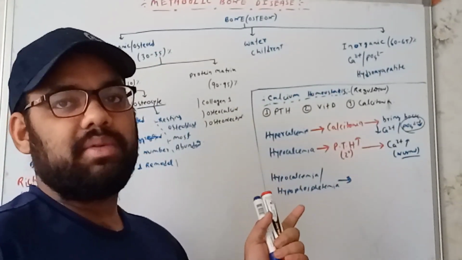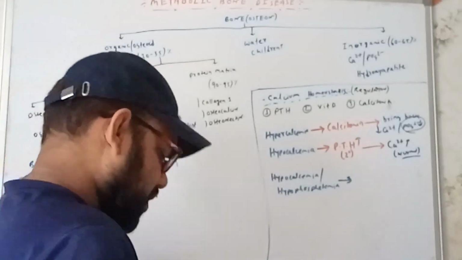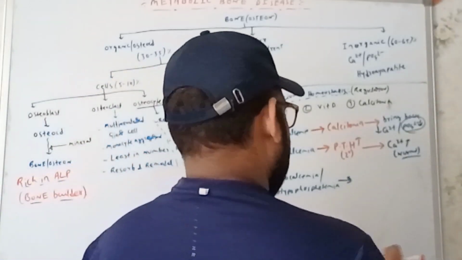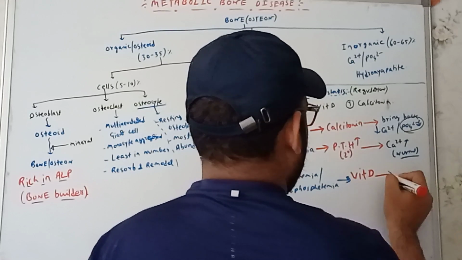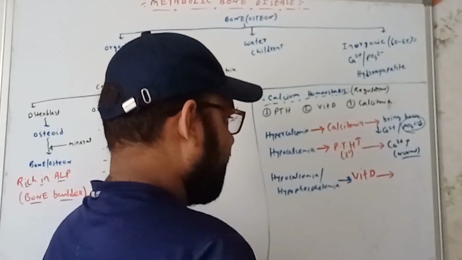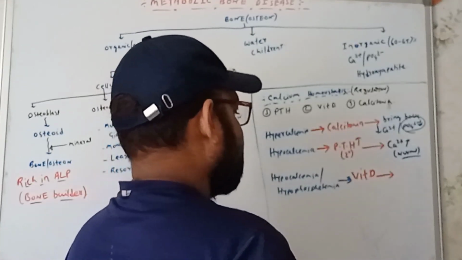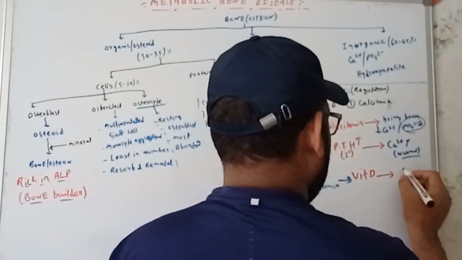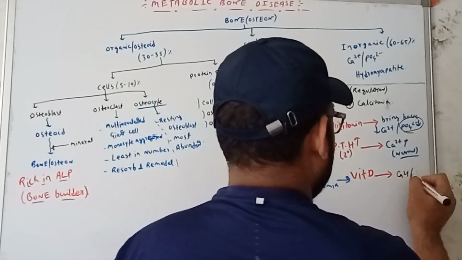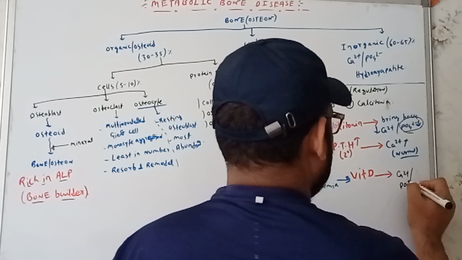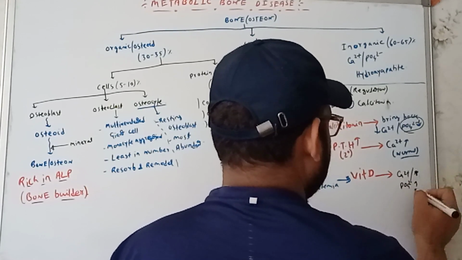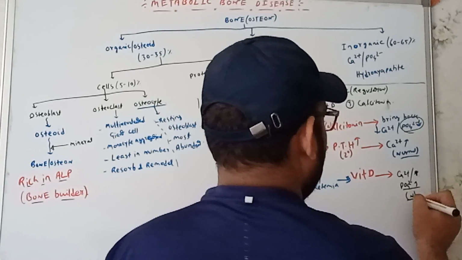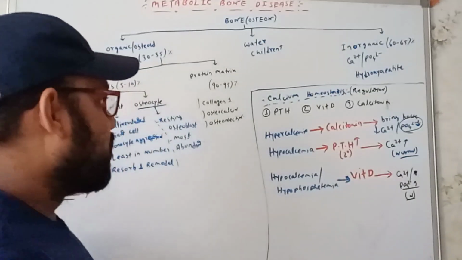The actions of the vitamin D will be seen. Now here the vitamin D will come into work and will maintain the normal calcium and phosphate level. Okay, so both will be increased, and we'll get to see the normal calcium and phosphate level, right?